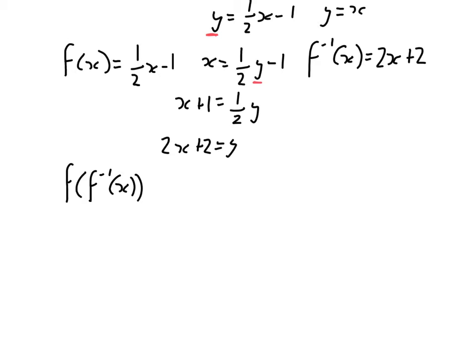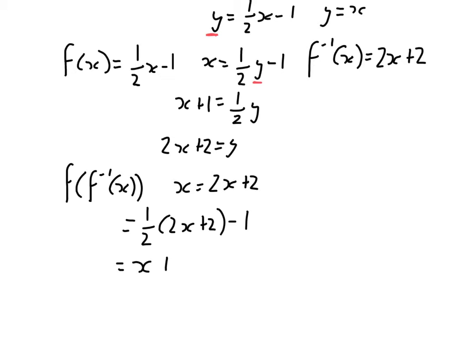So what we're saying is x is going to equal 2x plus 2. We'll substitute, equals 1/2 of 2x plus 2, take 1, don't forget take 1, which equals 1/2 times 2x is x, plus 1 take 1 equals x.